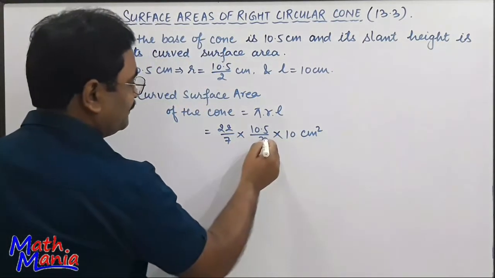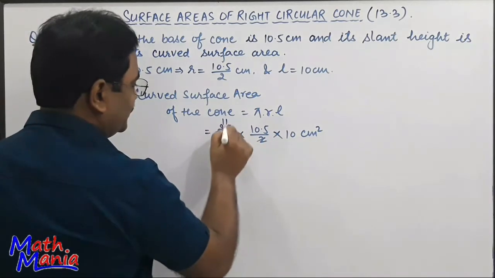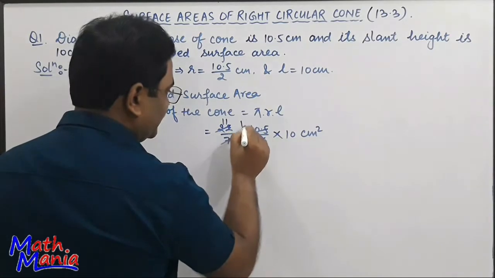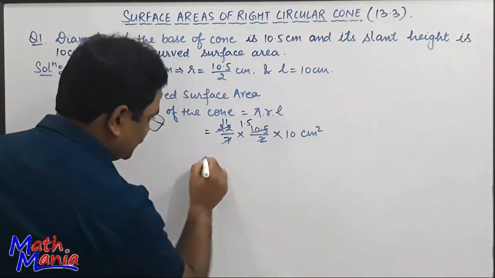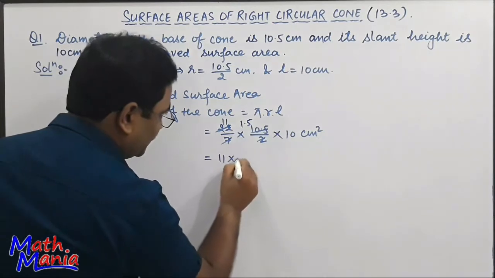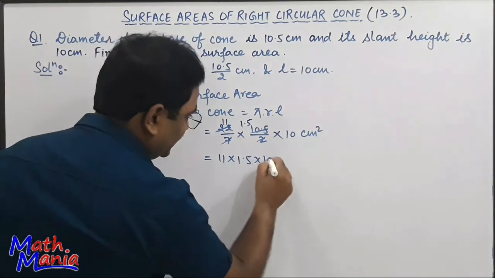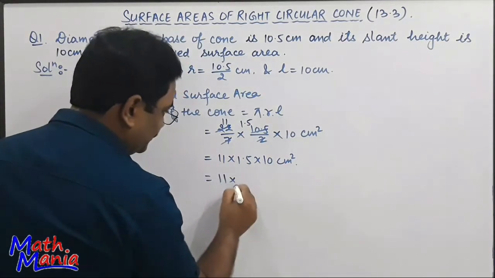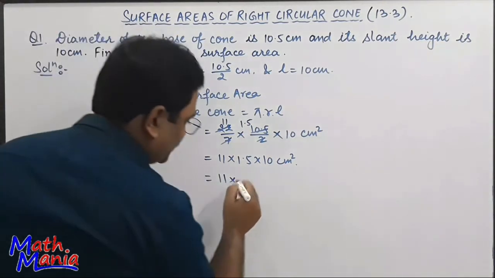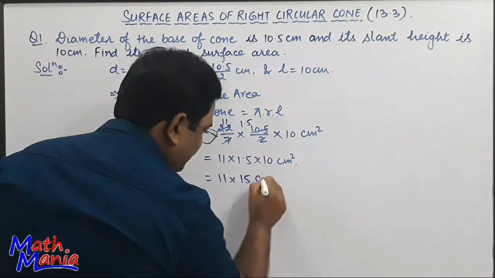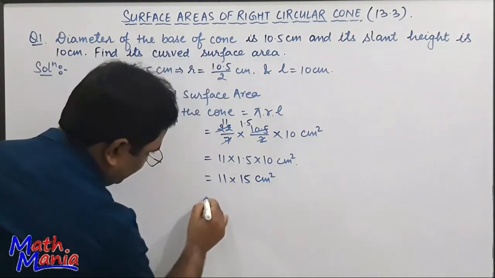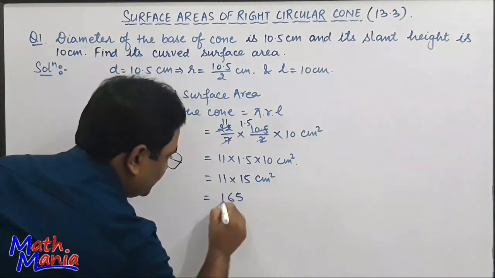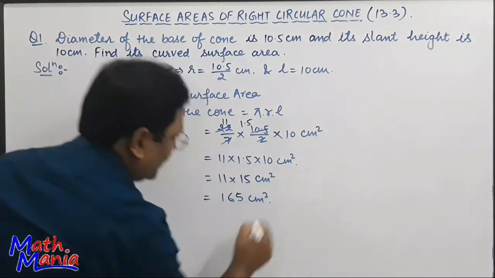Let's simplify it. 2 11s are 22. With the 7, you will get 7 1s are 7 and 7 5s are 35. So we got 11 multiplied by 1.5 multiplied by 10 centimeter square. So it can be written as 11 into 1.5 into 10, which is equal to 15. So let's multiply it. 15 1s are 15, 15 1s are 15, 11 6s are 165 centimeter square.